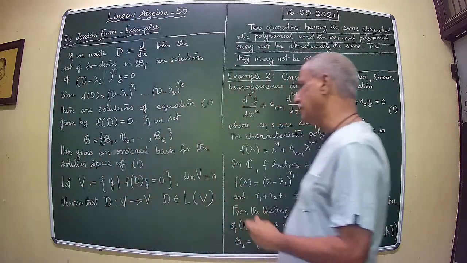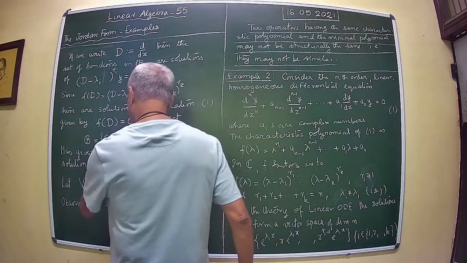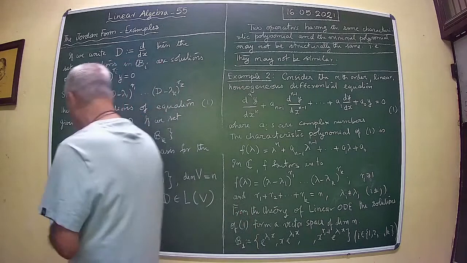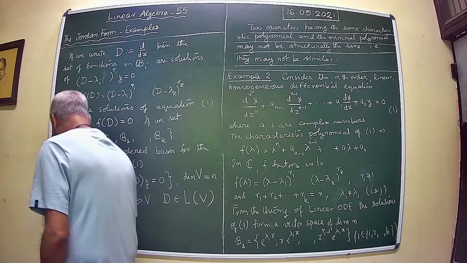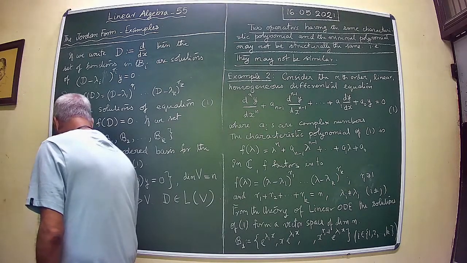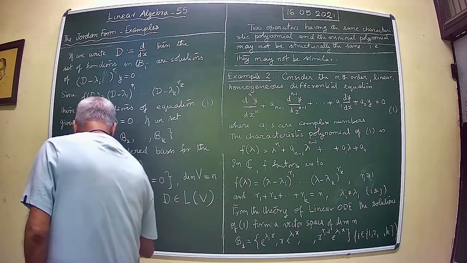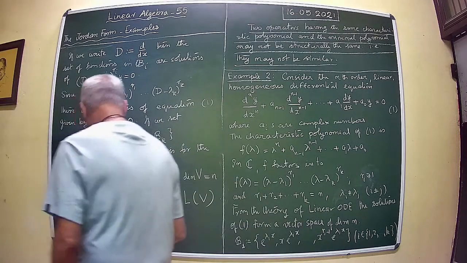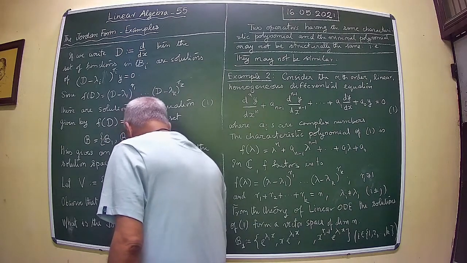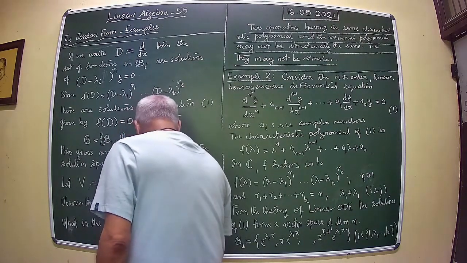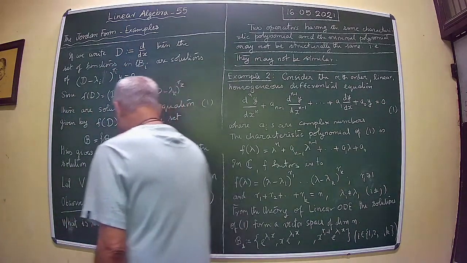Now the question that you are asking is this: what is the Jordan form of D? It's a very interesting question.